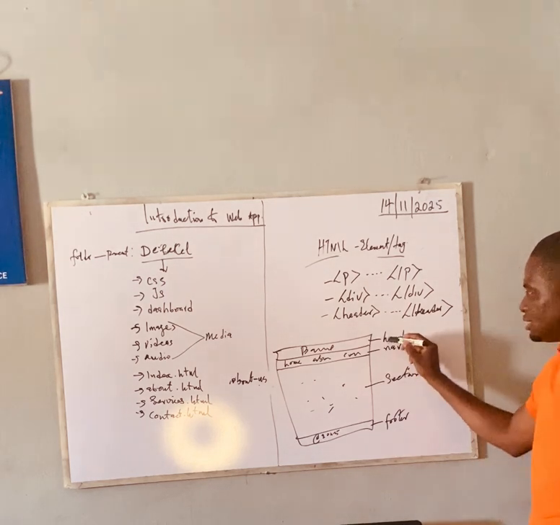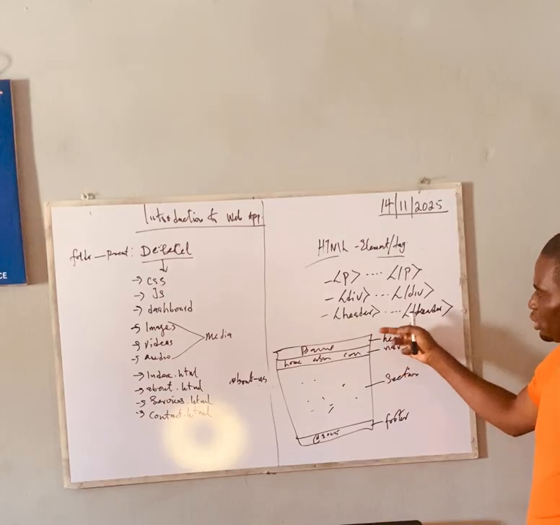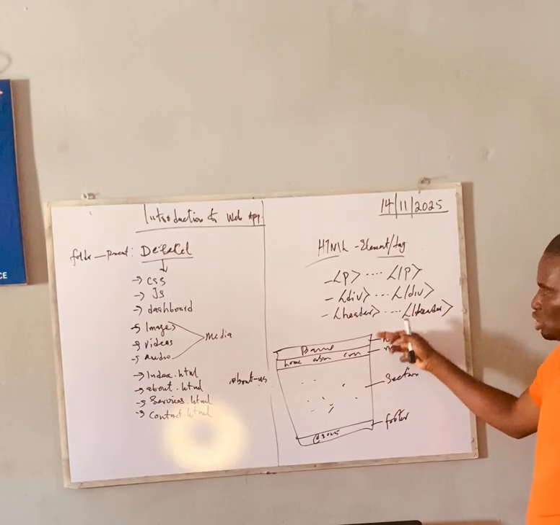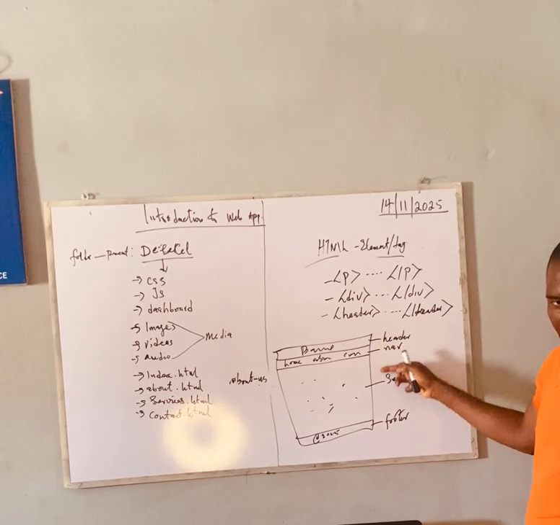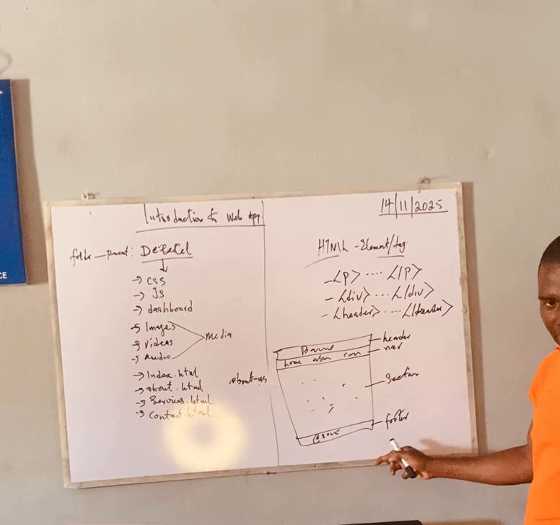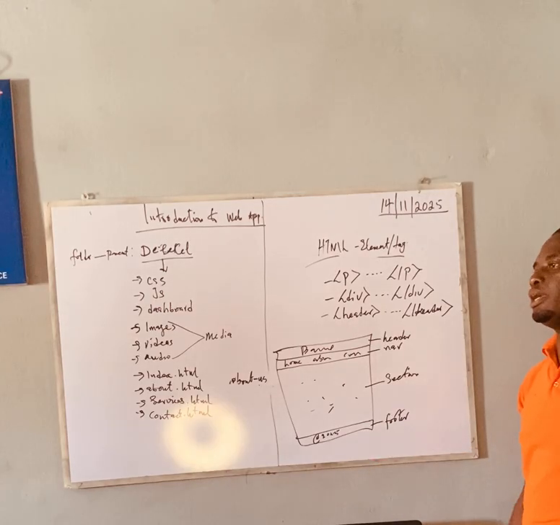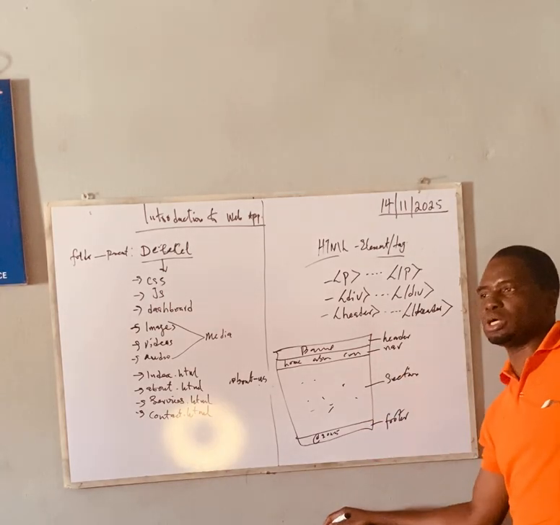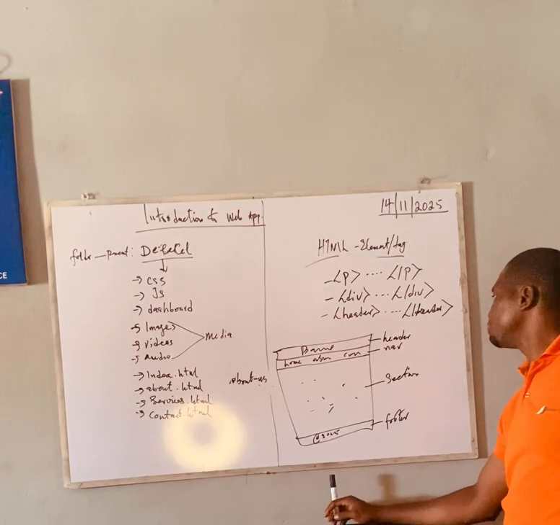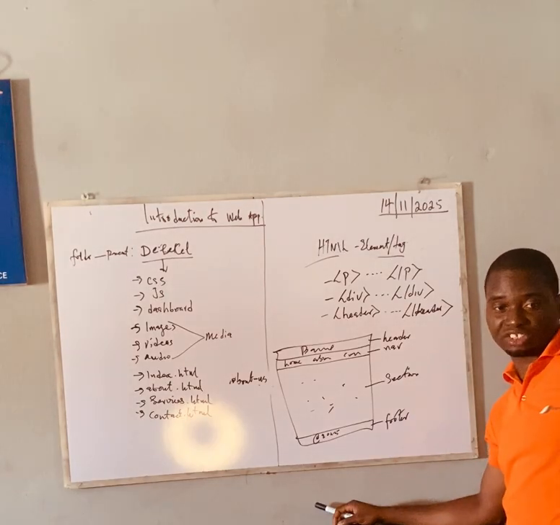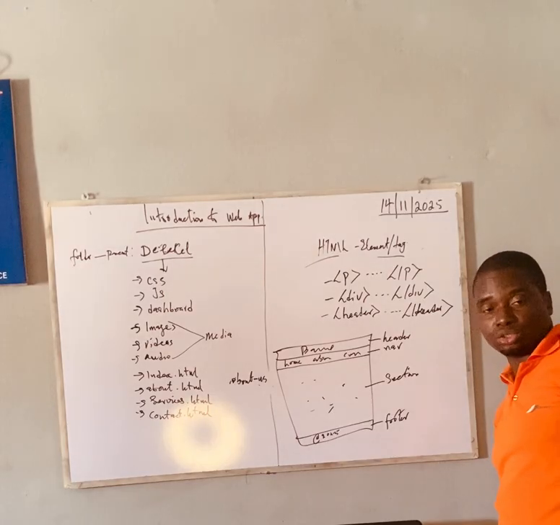So it's only with this that the software will tell them, as you are browsing, you are on the header of this application, you are viewing the nav now, now you are in the section, now you are at the footer, you understand? But without it, you will miss that feature. Are we together? Good. That is HTML5 semantics. Can we continue now?